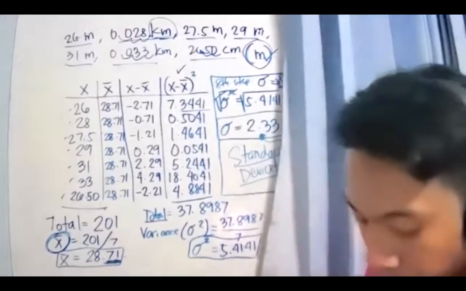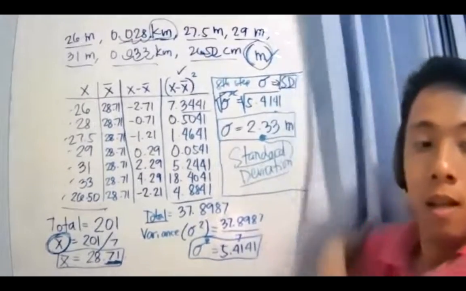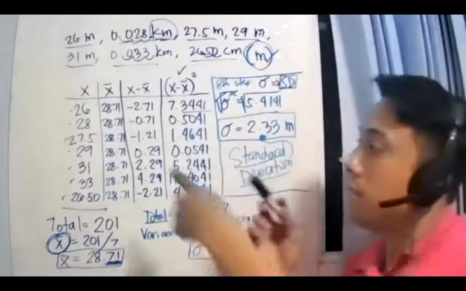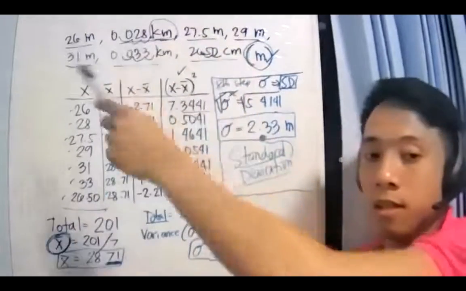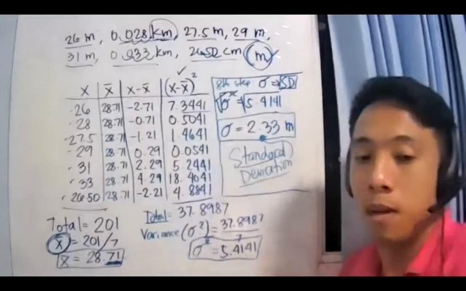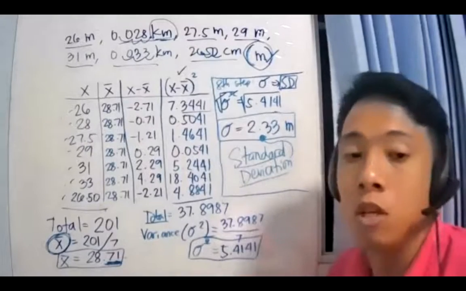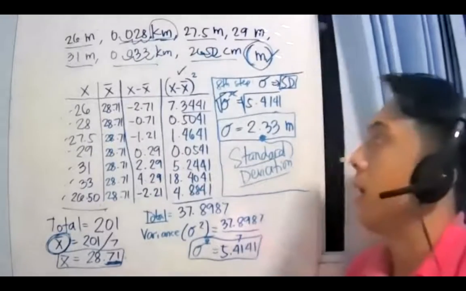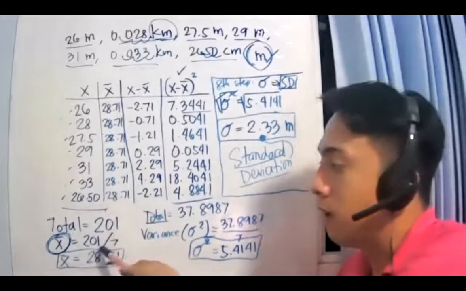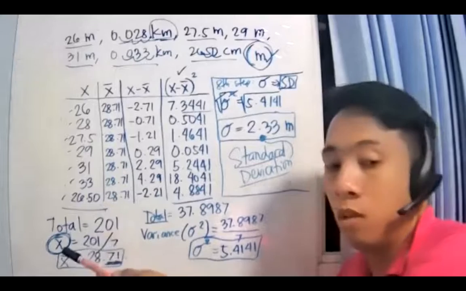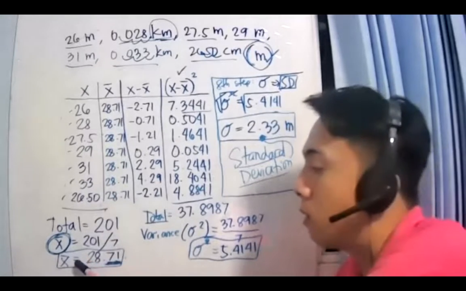Okay? Again, first step, copy all the numbers or all the data nandiyan. Kapag di sila pare-parehas ng unit, you need to convert them. Okay? Then, add, then divided by 7, kung ilan yung ating data, then that will be our mean.